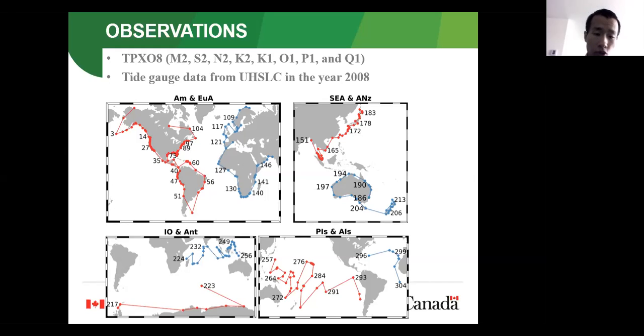And in order to show the results more clearly, we reordered the gauges going around the continents, and we separated them in 8 subregions. So in this way, we can draw the results by section code and better show the model results.